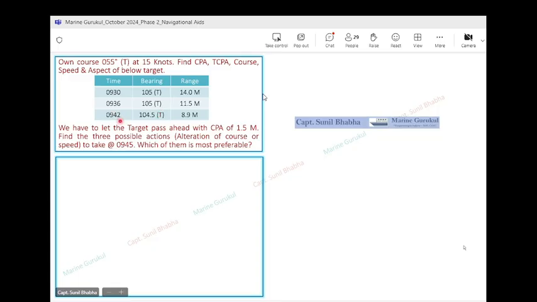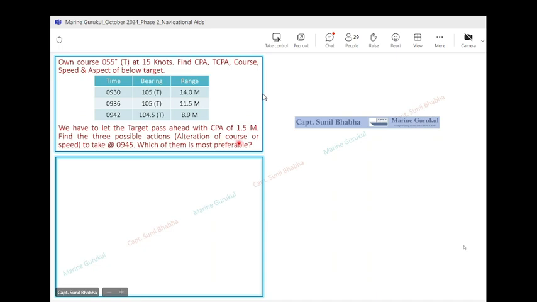And at 0942, the bearing is 104.5 and the range is 8.9 miles. We have to let the target pass ahead with a CPA of 1.5 miles. Find the 3 possible actions.